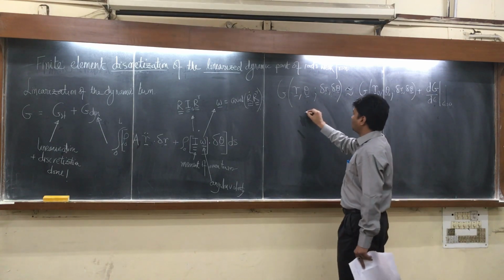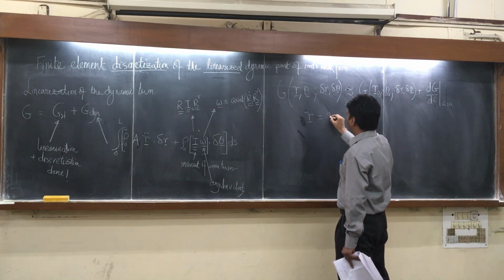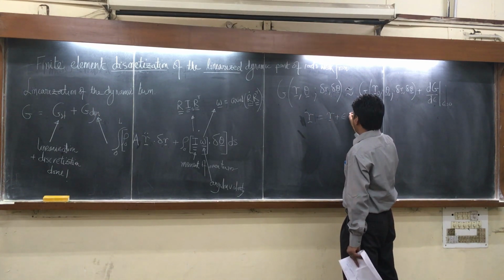So little r, for example, this becomes r plus epsilon delta r.